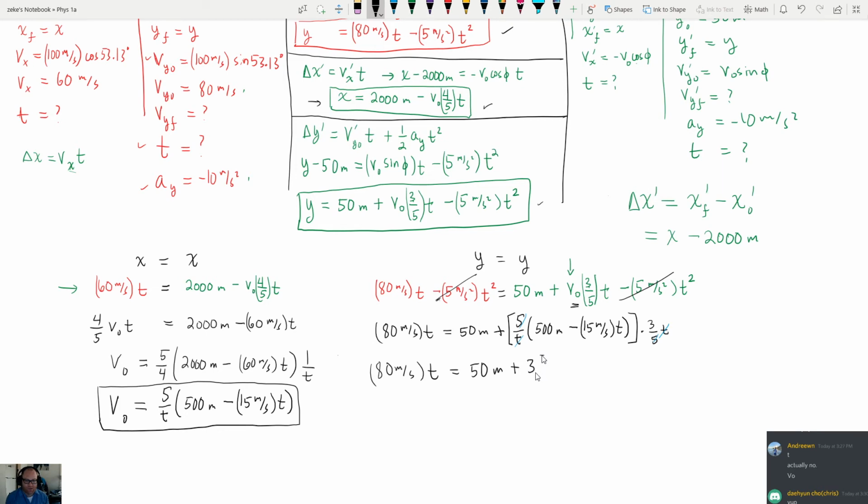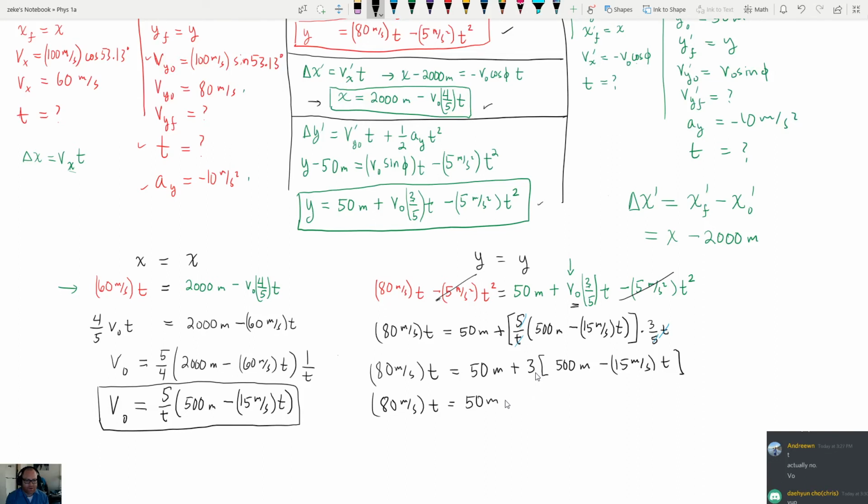So 3 times 500 minus 15 meters per second times t. We just need to multiply that all through, and then just group our terms. We actually solved this problem much faster than I thought we would have.